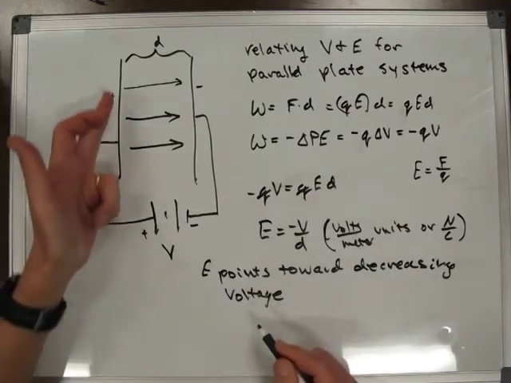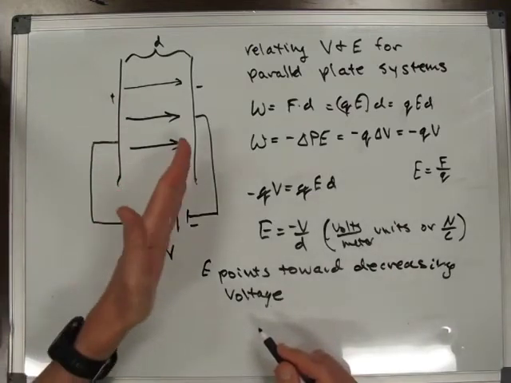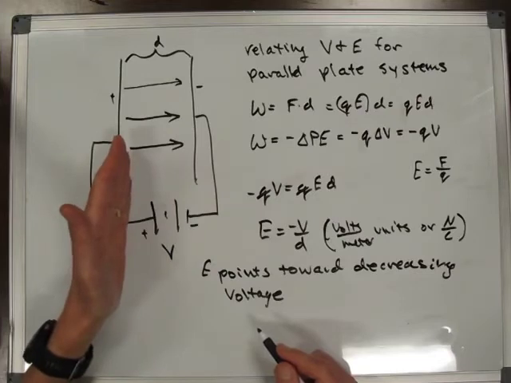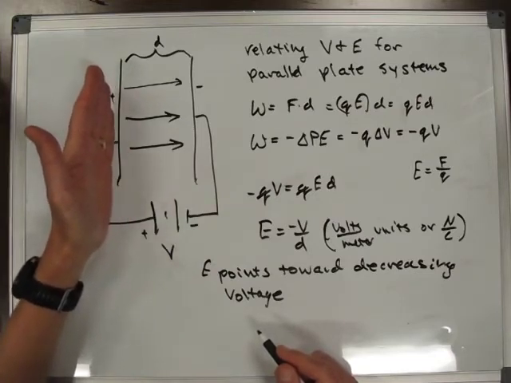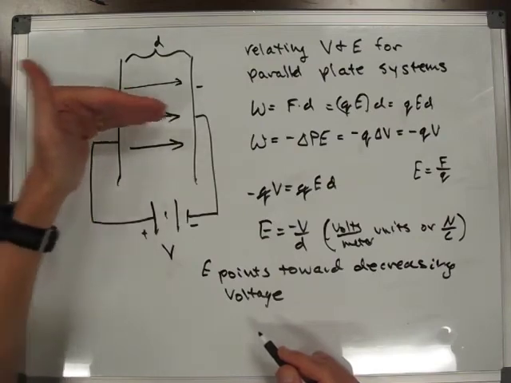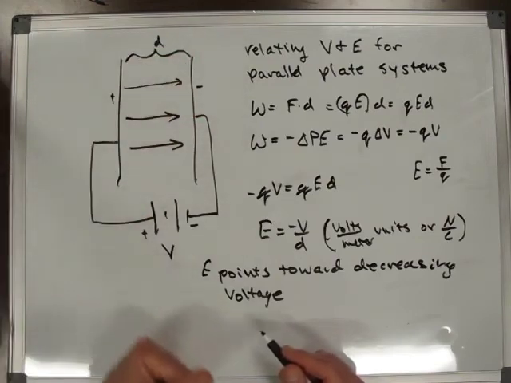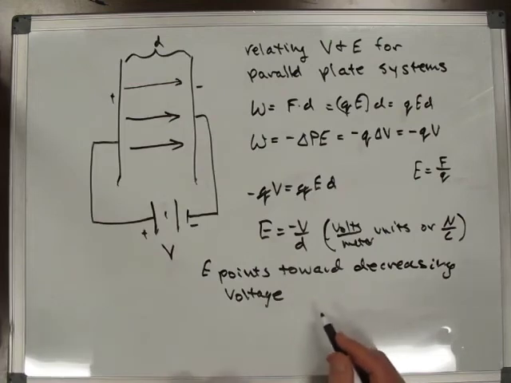And that's the direction a positive charge would go. The higher your potential energy for a positive charge, the higher your voltage, and the electric field points away from that because it points in the direction a positive charge wants to go, which is down. Same thing with gravity.